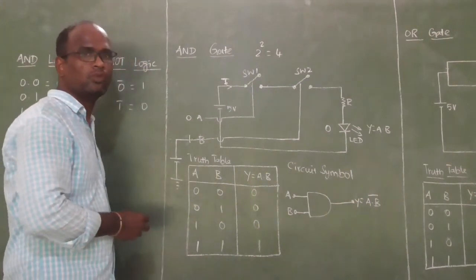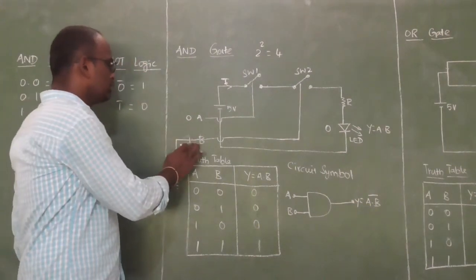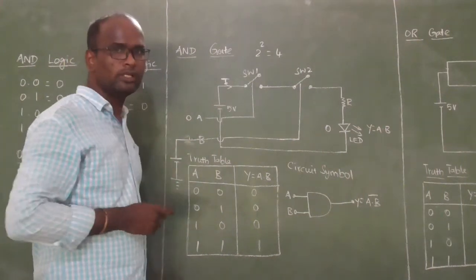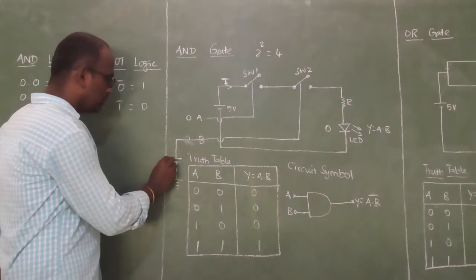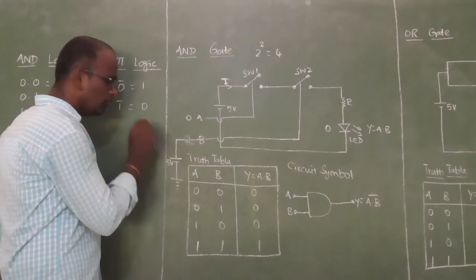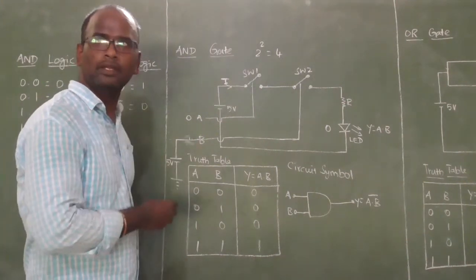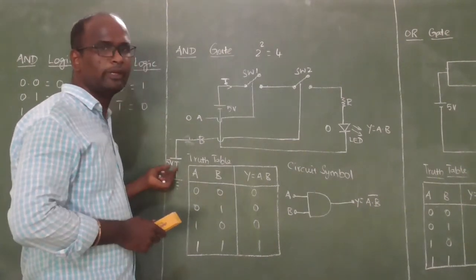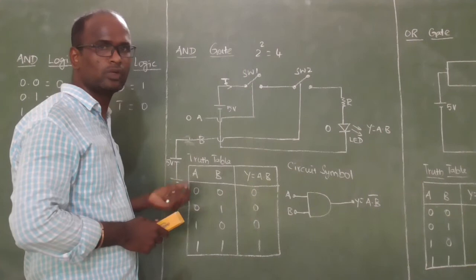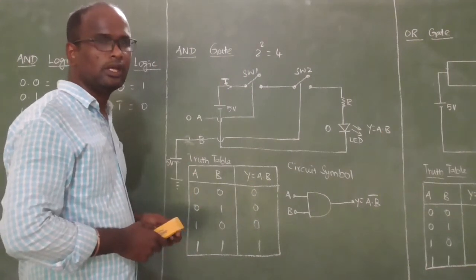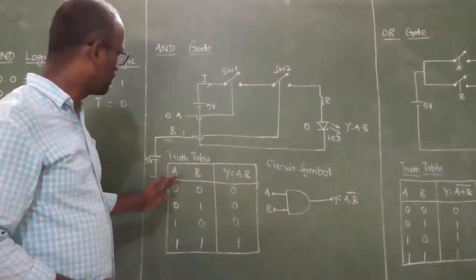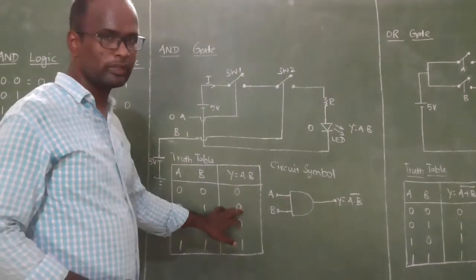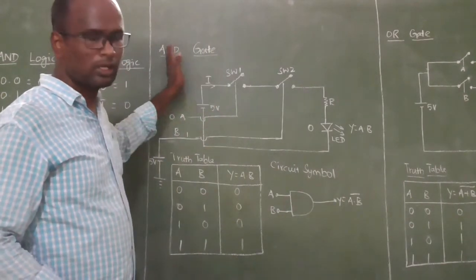Here we have to understand one thing: from this battery we may apply any voltage. It may be 5 volt, it may be 3 volt, it may be 6 volt, whatever it is. Now we are applying the second combination of inputs to get the output according to the AND logic.